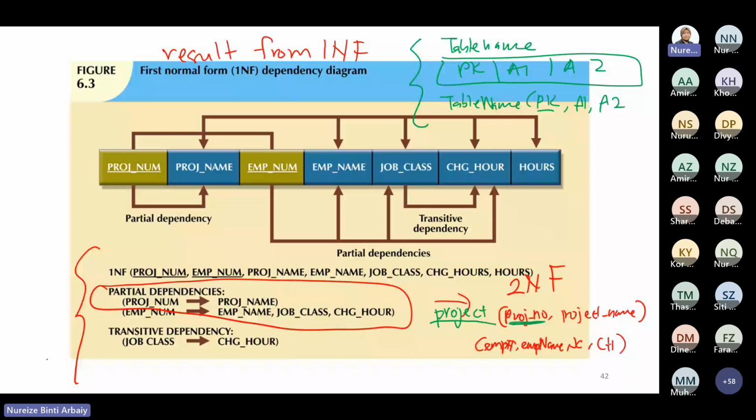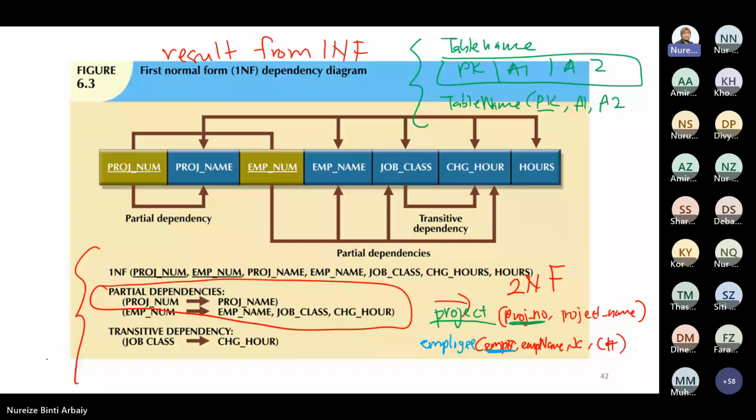So you know here, employee number determines employee name, job class, charge hour. So of course, employee number in that situation is the primary key. You just give it a primary key. You upgrade the employee number as a primary key, and then give the name of the table: employee.